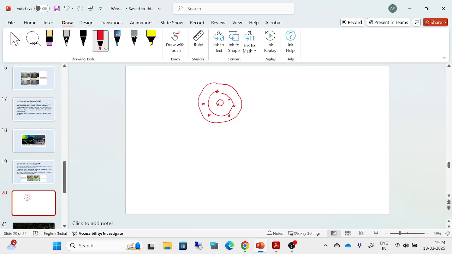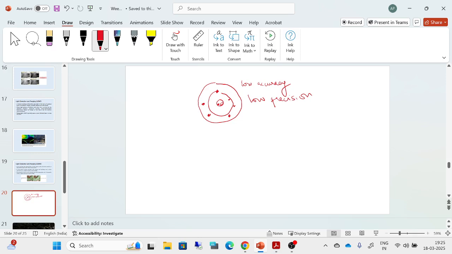So in this case, the accuracy and precision are both low. This has low accuracy and low precision. That is because our intention is to get this area, but all the points are scattered, so it's not anywhere near the accurate or the true value.